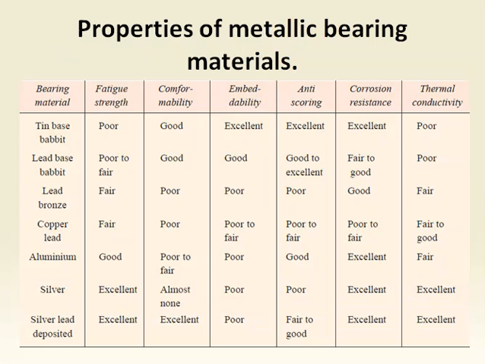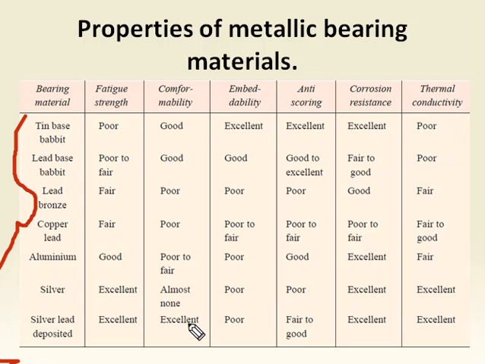Next, the properties of metallic bearing materials. Here we have different types of bearing materials available. These are the materials we are going to use for the bearing, and if you use a material, these are the properties we have for that particular material.